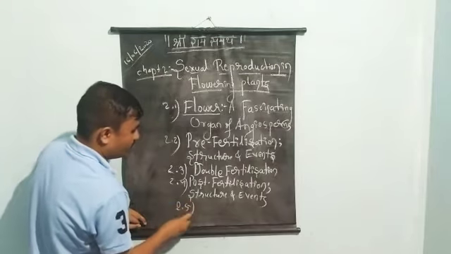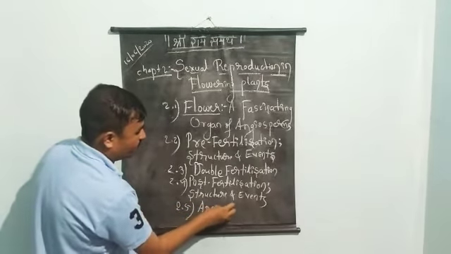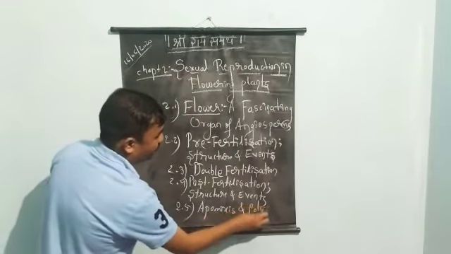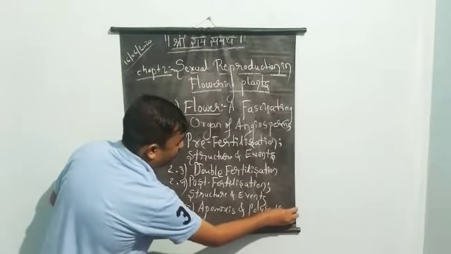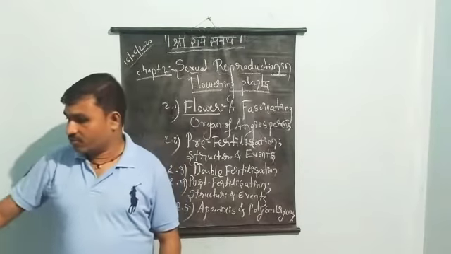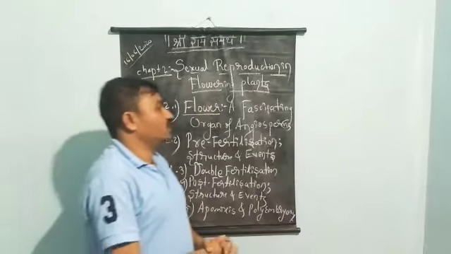Then next we have apomixis. This is the last concept, apomixis and polyembryony. Okay, so this concept we are going to study in the second chapter, that is sexual reproduction.